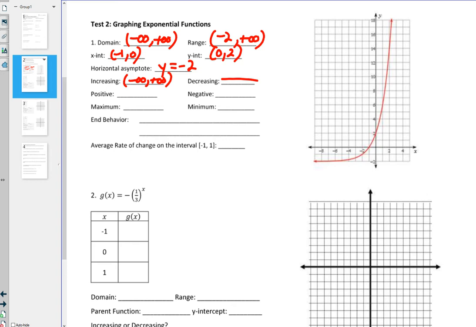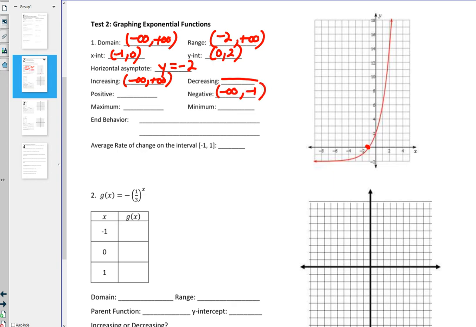We said before we were crossing at -1, right? So this function is negative everywhere below -1, not counting -1 because at -1, y is 0. But all the y's are below 0 from -infinity up until -1.